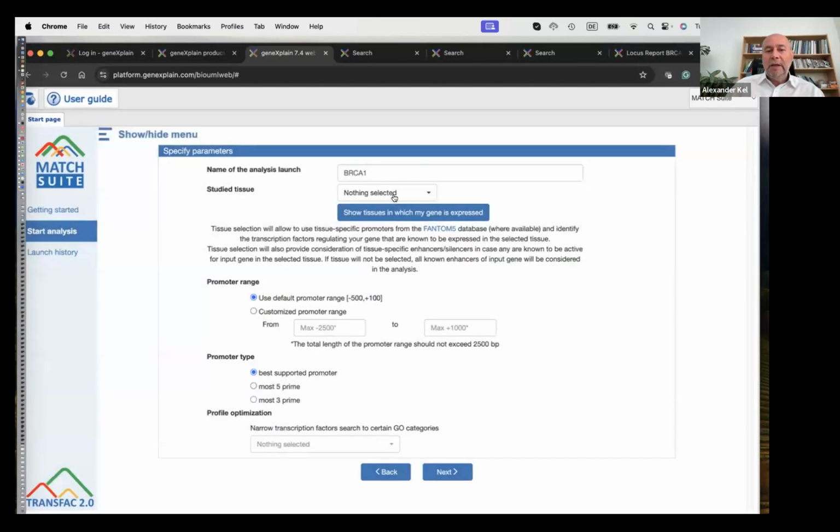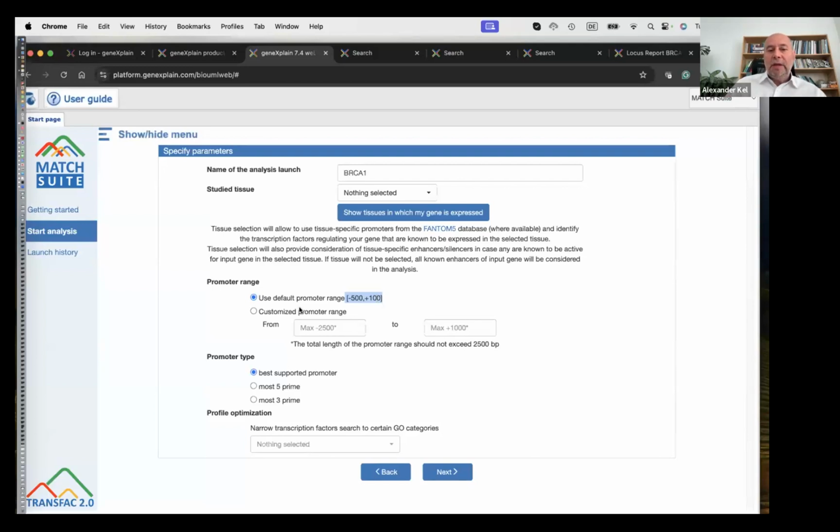All right, so when you select a tissue, the next step is actually to select the promoter area of your interest. By default, it's from -500 to +100 around the transcription start site. And it's kind of a very core area of the gene regulation.